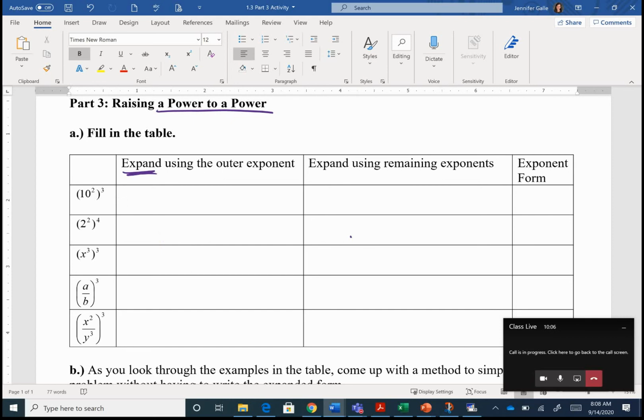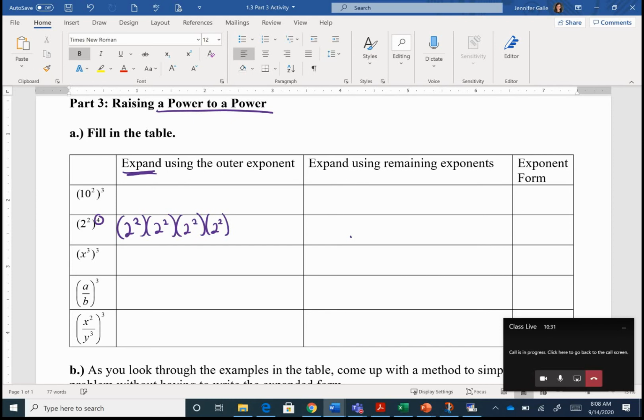Okay, so the outer exponent on the second one is a 4. So that means I'm going to write what's inside the parentheses 4 times. So we have 2 to the second, 2 to the second, 2 to the second, and 2 to the second. The outside exponent's a 4. So I'm going to write what's inside the parentheses.